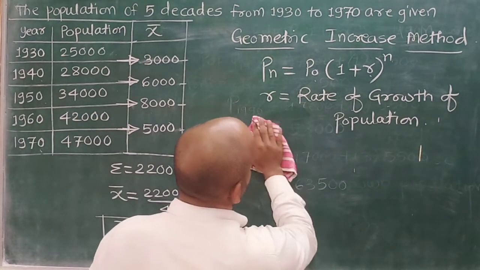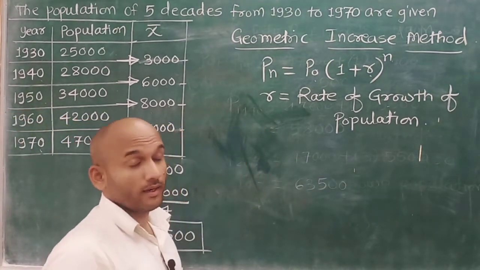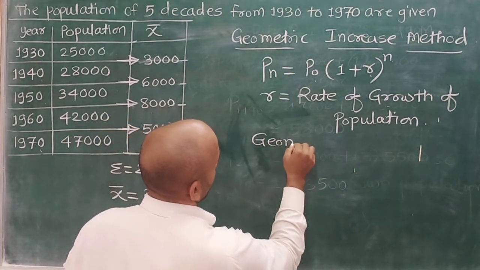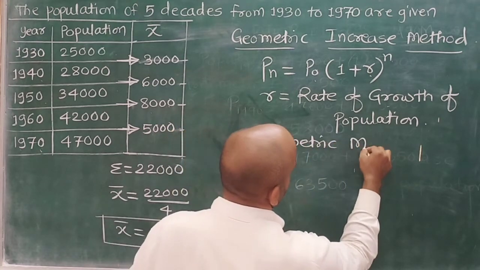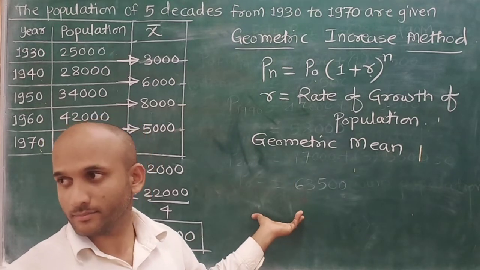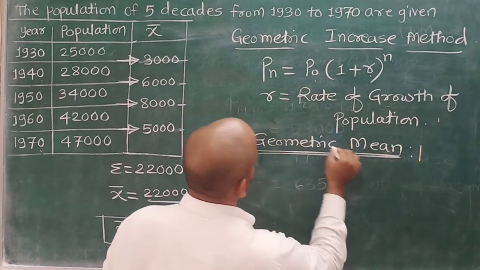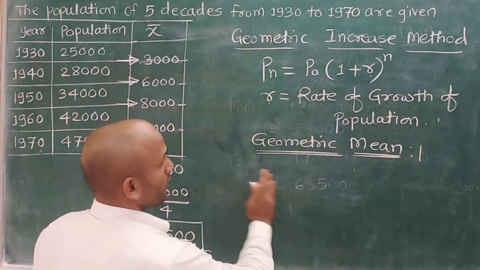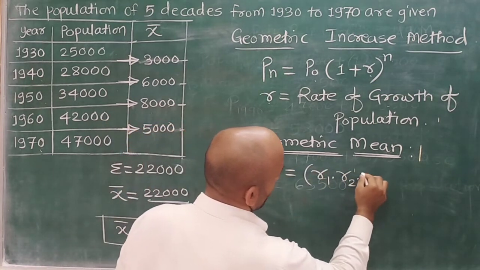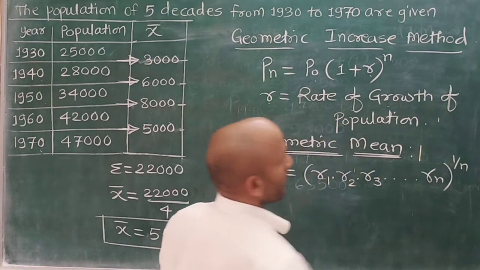This r can be calculated by two methods: geometric mean and arithmetical mean. By geometric mean we can find out the value of r. The formula is r is equal to, in bracket, r1 into r2 into r3 up to rn, raised to power 1 upon n.